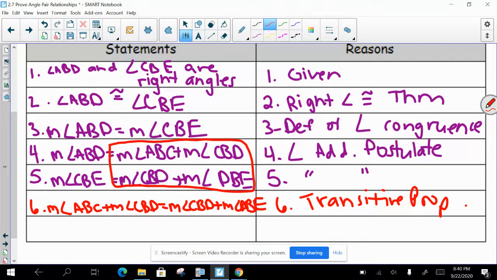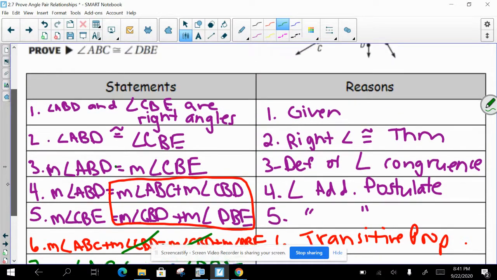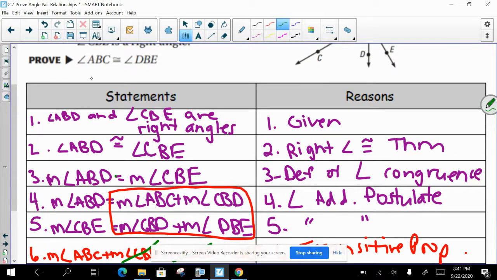Okay, so what is common in both sides of the equation? Angle CBD. So we can cross that off using subtraction. The measure of angle ABC is equal to the measure of angle DBE. And isn't that exactly what we're trying to prove up here? Close. We're trying to prove congruence.